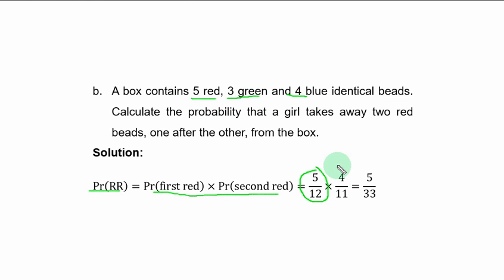So the second bead is 4 over 11, the probability that the second bead is also red. You can divide 4 and 12 by 4 and you have 3 remaining here. So 5 times 1 is 5, and 3 times 11 is 33. That is the required probability.